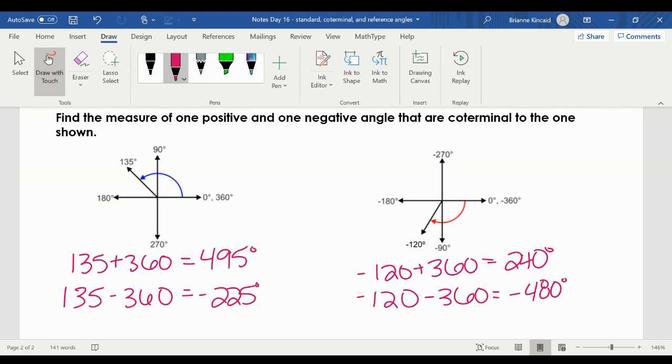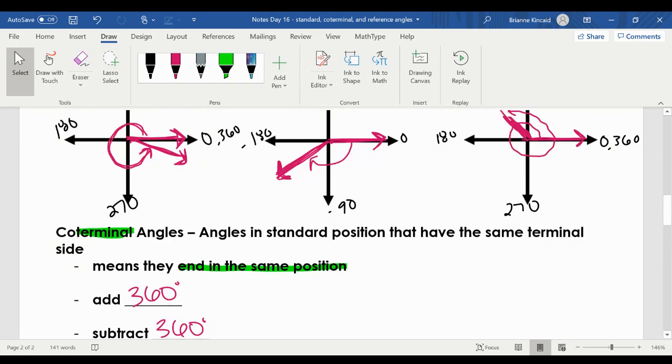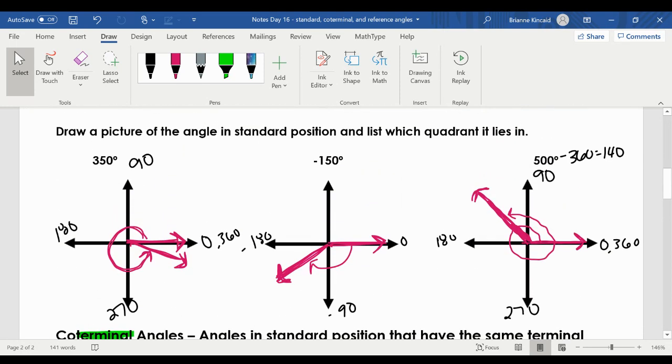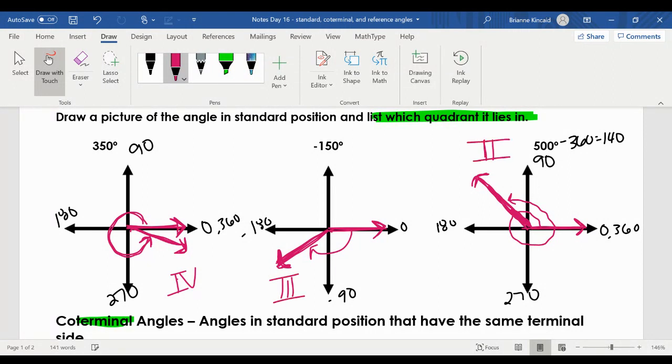Before we move on in the notes, we're going to come back up here because I realized I forgot something. The last thing I have to do for this is list which quadrant the angle lies in. So in this first one, we're in quadrant 4. In the second one, we are in quadrant 3. And in the last one, we're in quadrant 2.